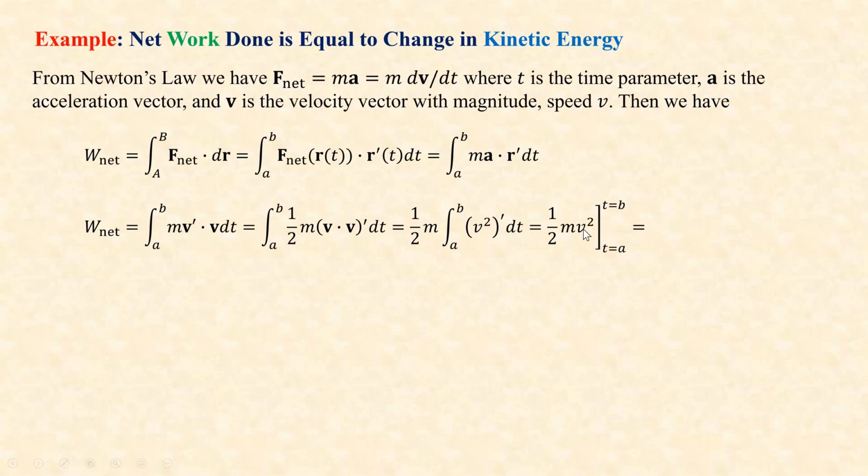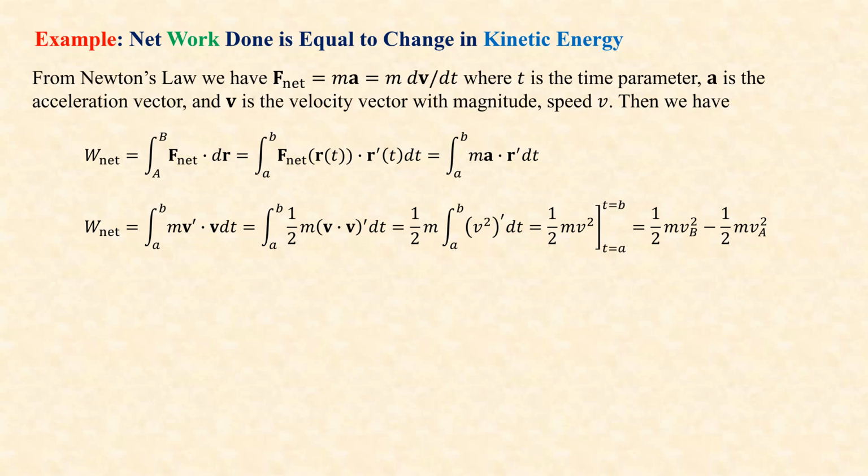At point b, t is equal to b. At point a, t is equal to a. So when you evaluate at t equal to b, we get the speed squared at point b, and when you evaluate at point a, we get the speed squared at point a. So it becomes 1/2 m v_b squared minus 1/2 m v_a squared.